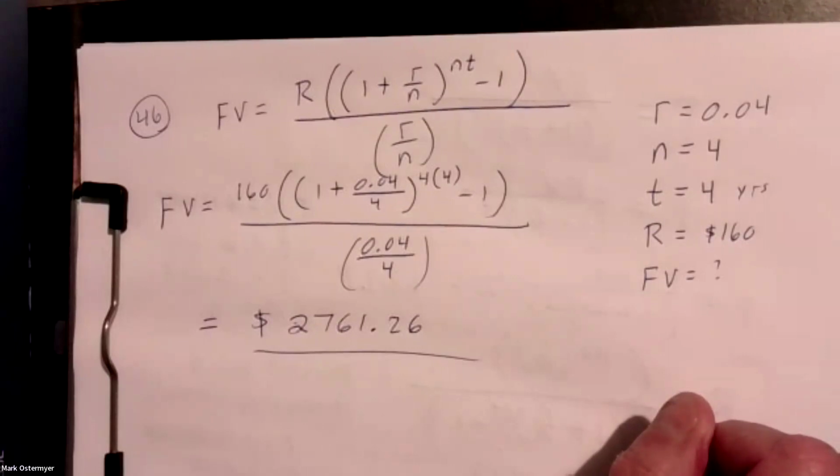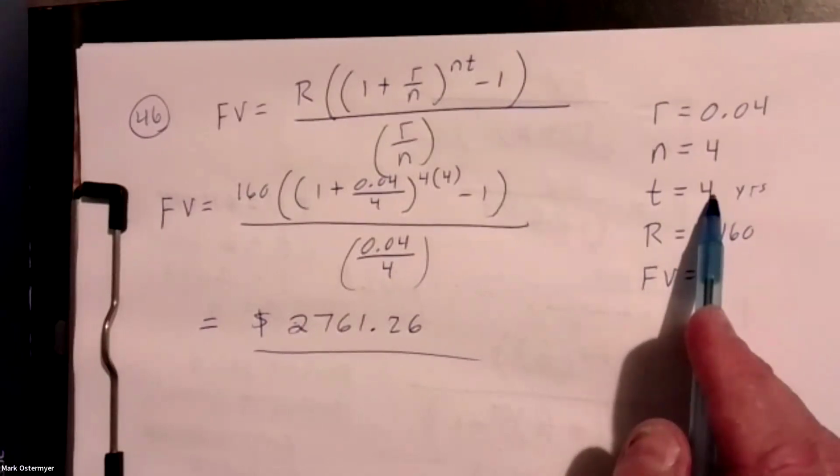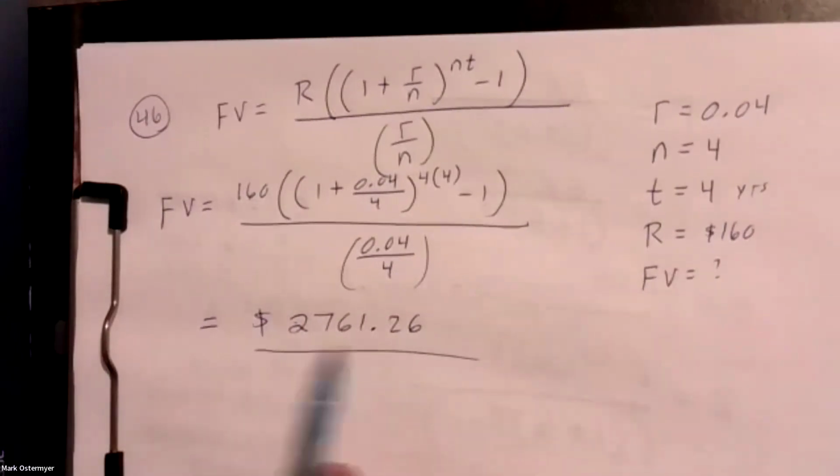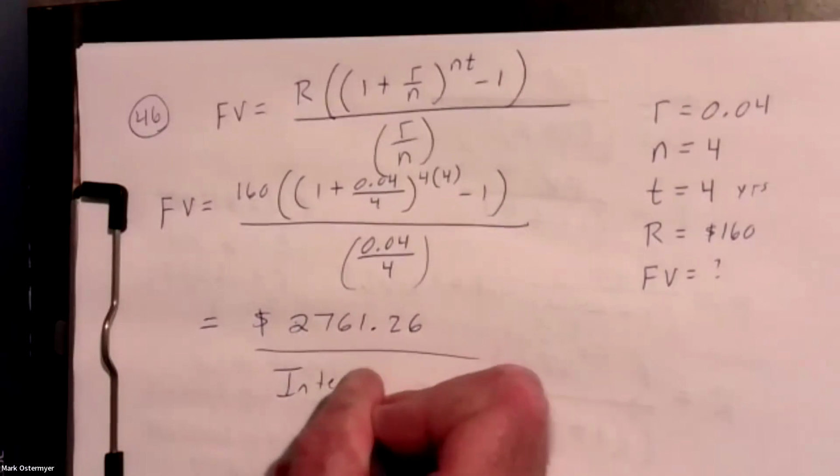Provided we pay $160 into this annuity every 3 months for the next 4 years, we will have $2,761.26.